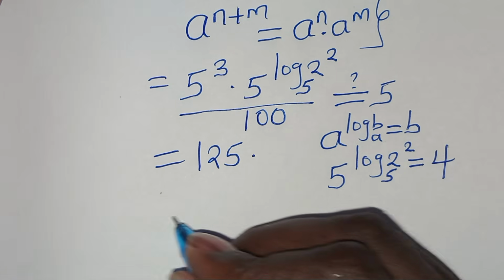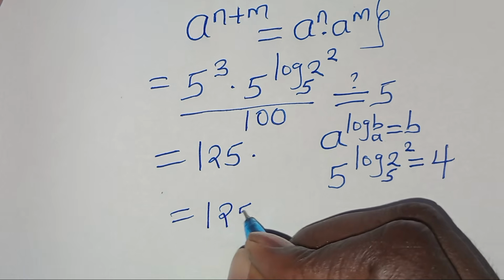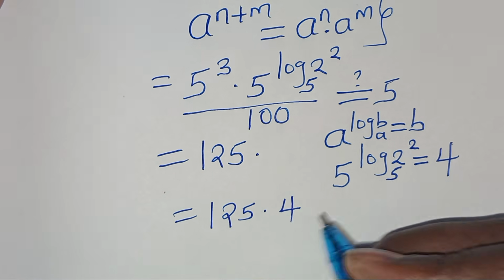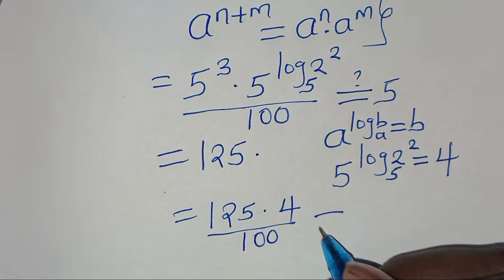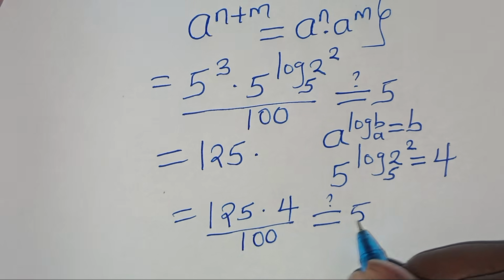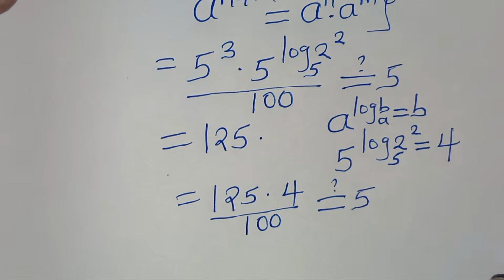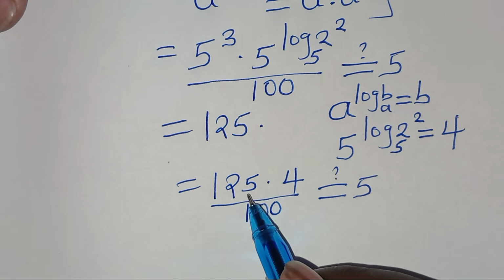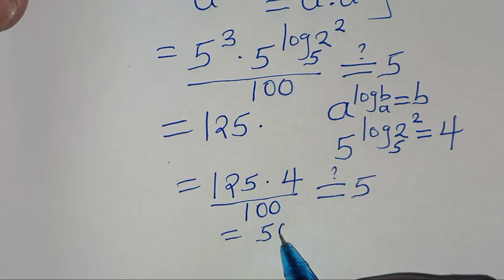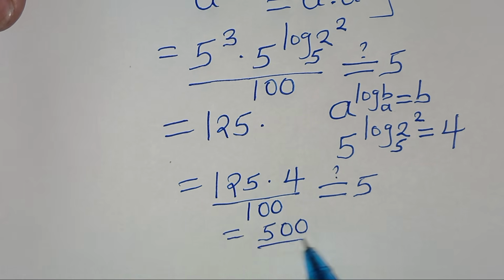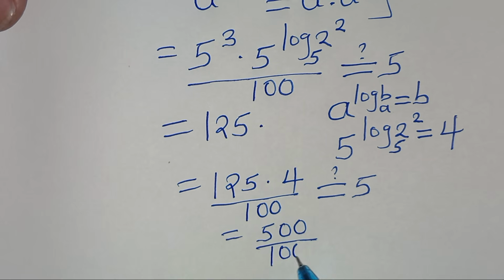So we have 125 multiplied by 4 divided by 100. This should give us a value of 5. Now 125 times 4 is equal to 500, divided by 100.